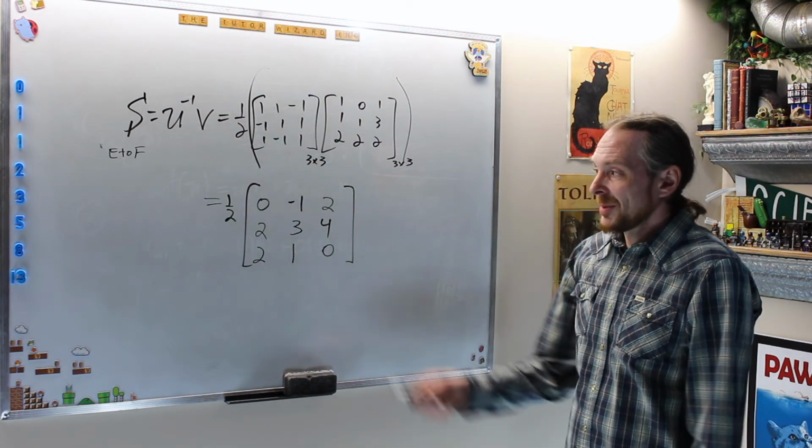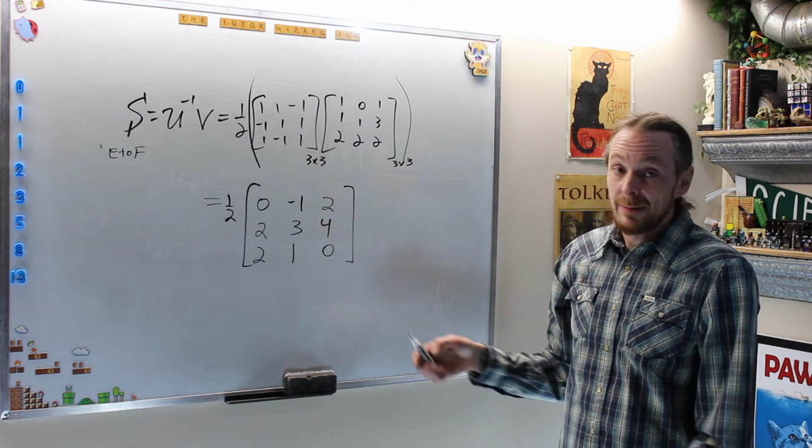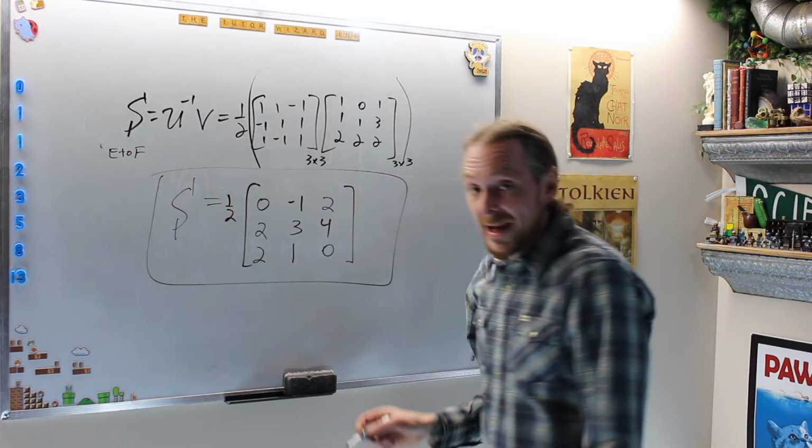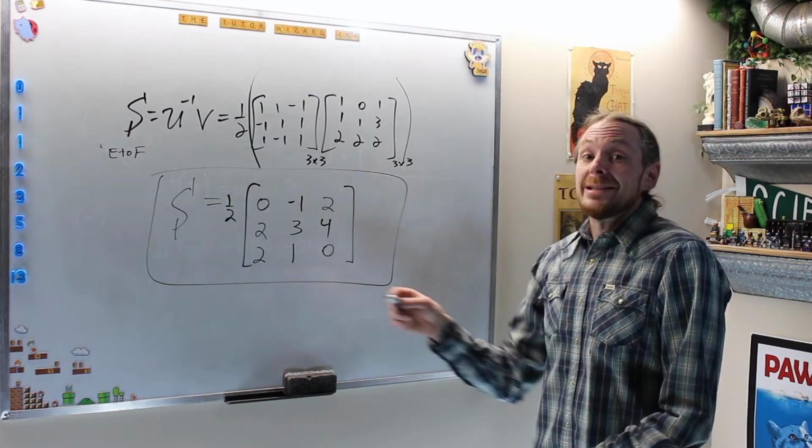So I've done the matrix multiplication. We can keep the 1/2 on there also, but I'm going to keep it on the outside. This is the standard transition matrix for change of basis from basis E to basis F.